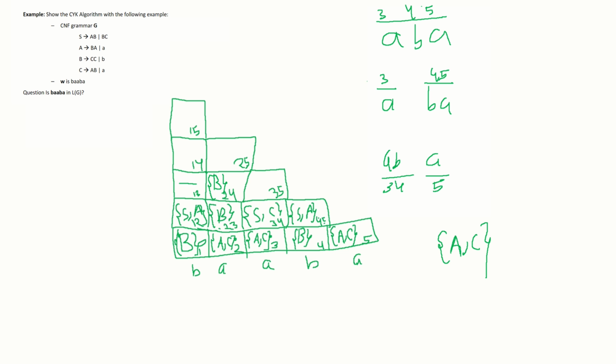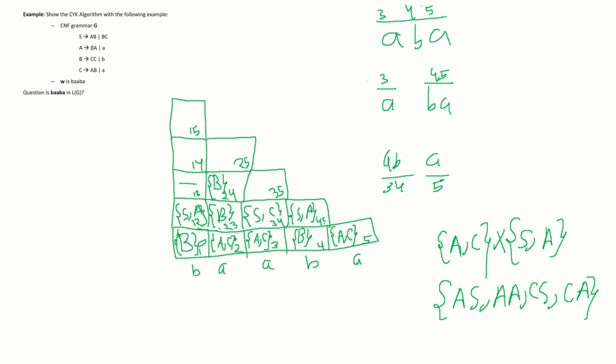There we can see that from position 4 to 5 the substring can be generated from S and A. So S, A. So the cross product will give us AS, AA, CS and CA.